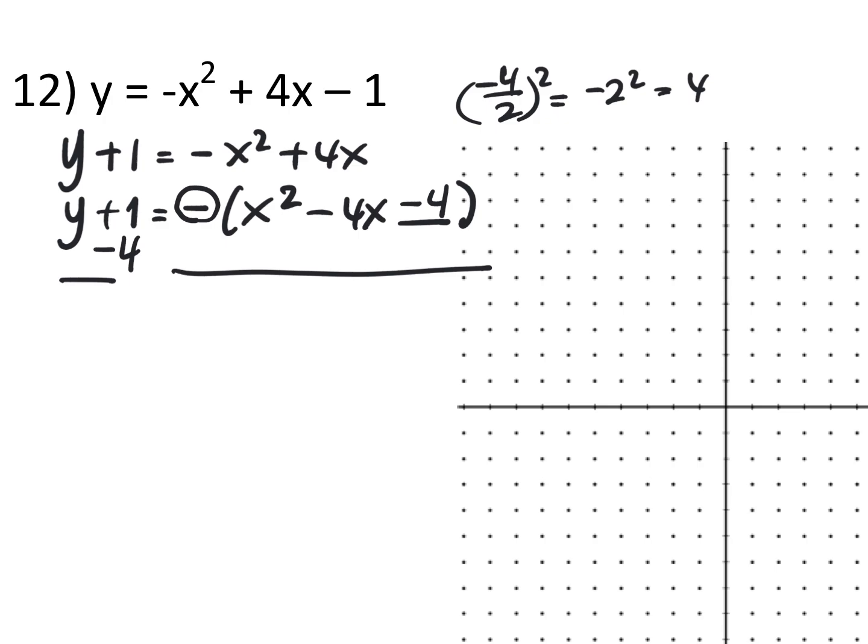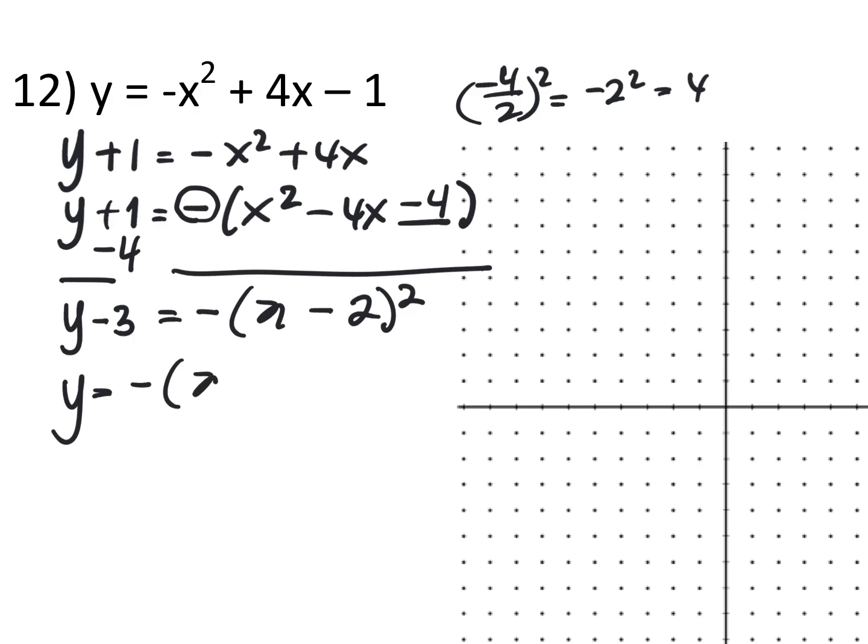So y plus 1 minus 4 is going to give you y minus 3. Here we can now complete this as x minus 2 squared. Completing the procedure, that's going to give you negative (x minus 2) squared plus 3.